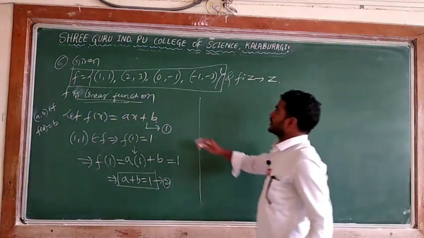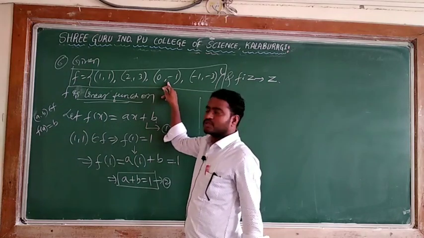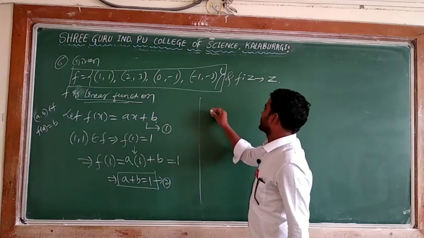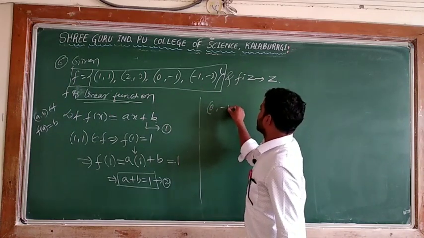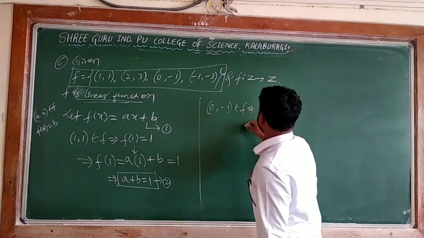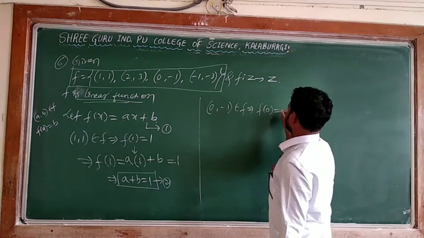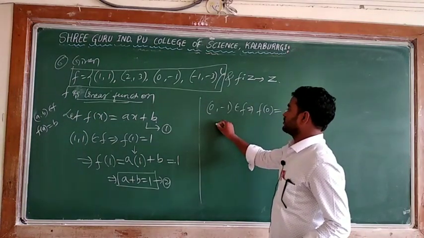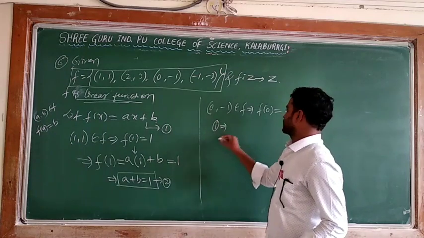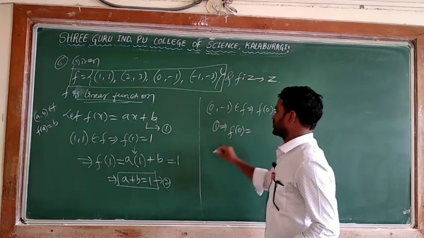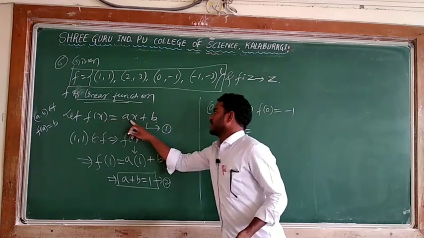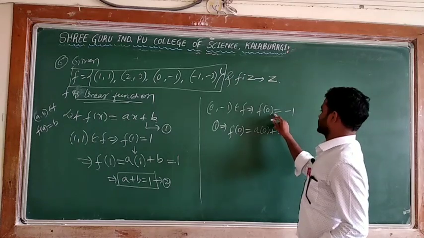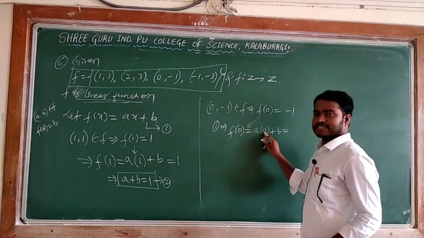Now, among the ordered pairs, it is better to take the one which has a 0. I can say (0, -1) belongs to f. It implies that f of 0 is equal to -1. Using equation 1, f of x is ax plus b; in the place of x I took 0.